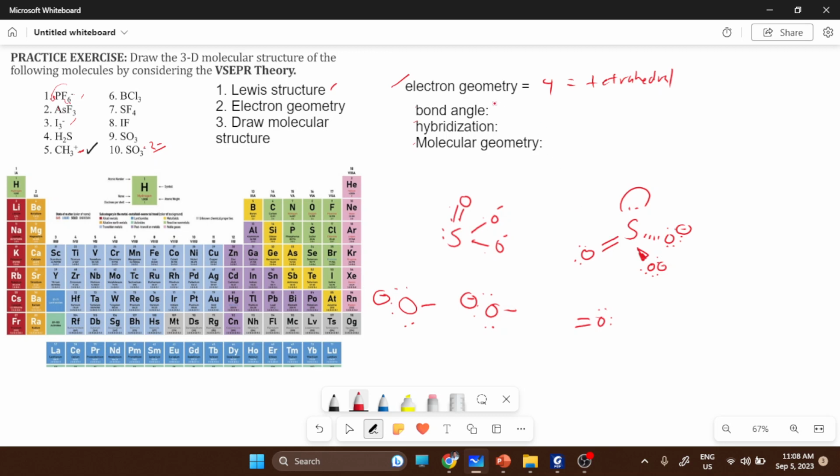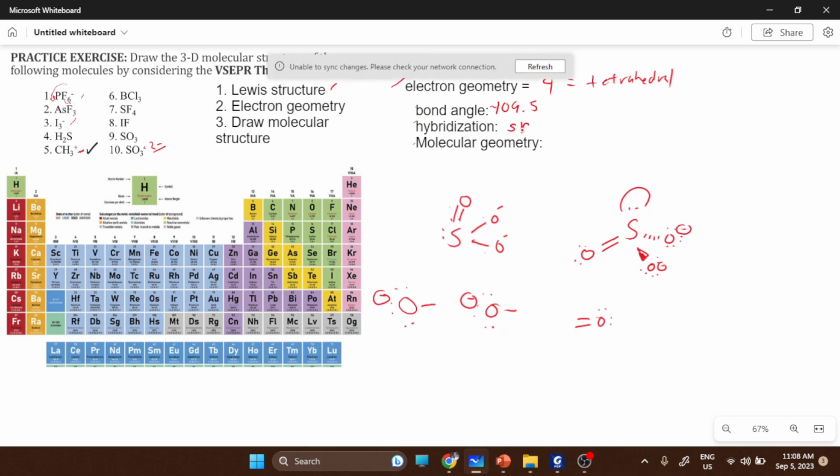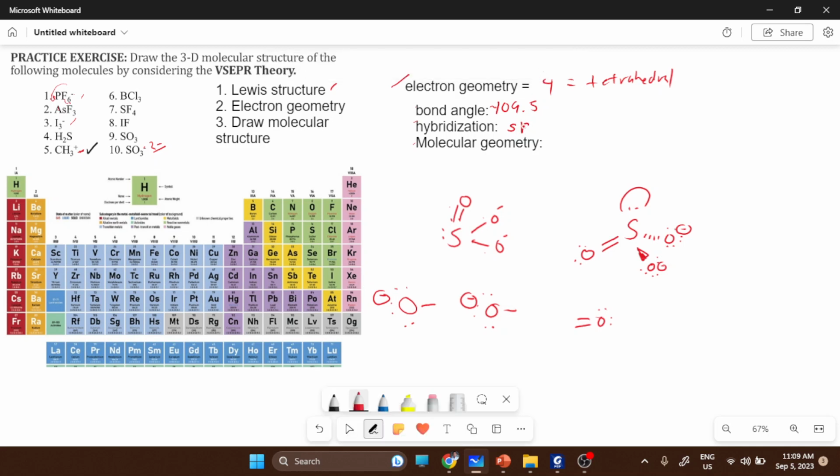So the bond angle between them is approximately 109.5. Hybridization is sp3. And the molecular geometry is trigonal pyramidal.